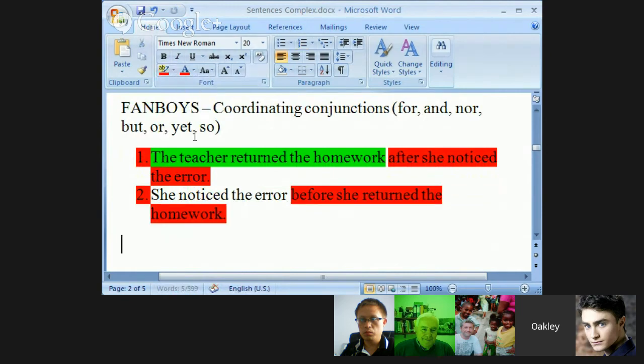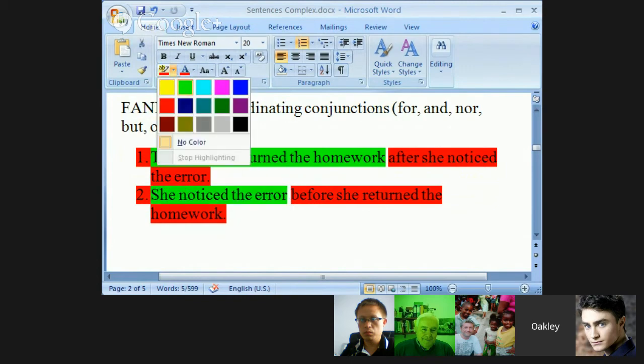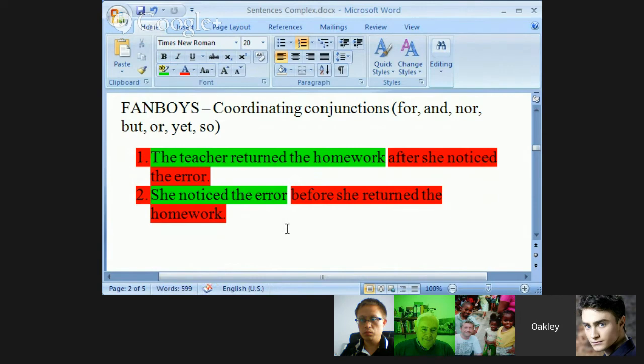Now, I've used "before" and "after," which are basically opposites. They have opposite meanings. So I've totally just swapped out what the dependent and independent clause is. Agreed? She noticed the error. Yes, you are reversed.